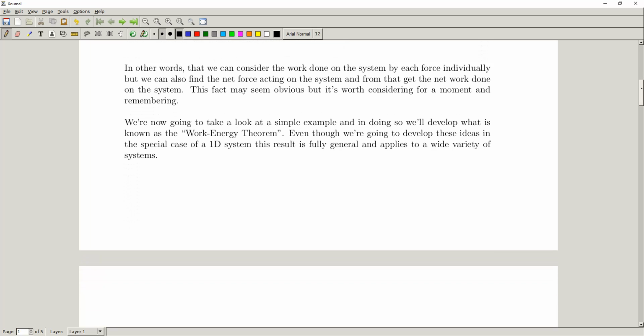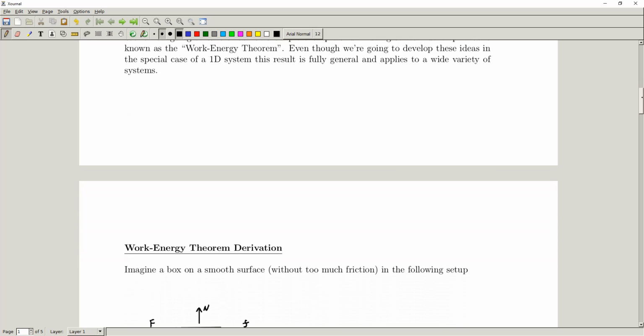But before we do that, let's get on to the derivation of the work energy theorem. We're going to derive the work energy theorem here in a special case for just a 1D system, but this derivation applies very generally. This work energy theorem is applicable in a wide variety of systems.